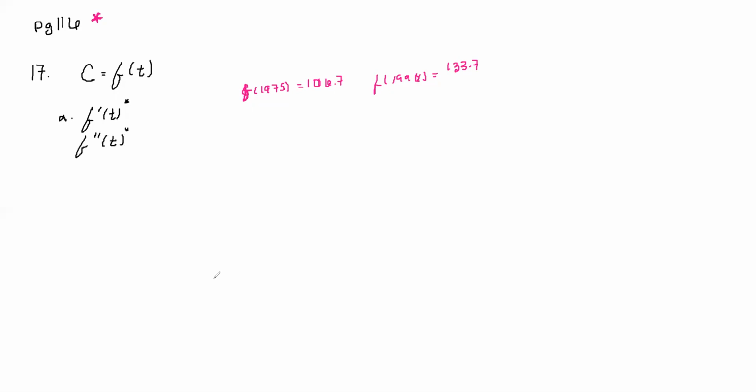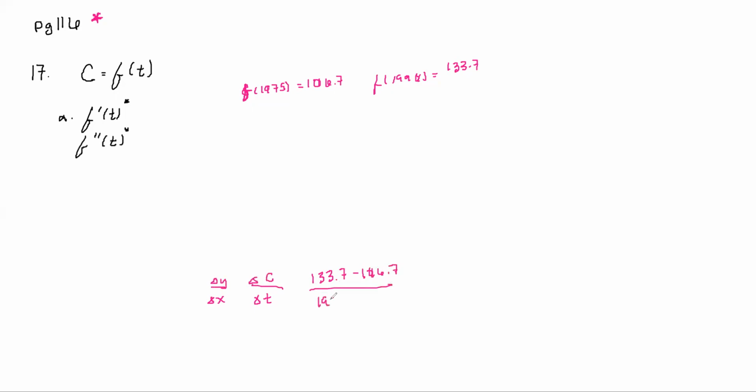So in this case, I'm going to look at delta y over delta x, or in this case, delta C over delta T, because we have cost changing on the y-axis and time changing on the x-axis. That being said, we can roughly calculate it like this.